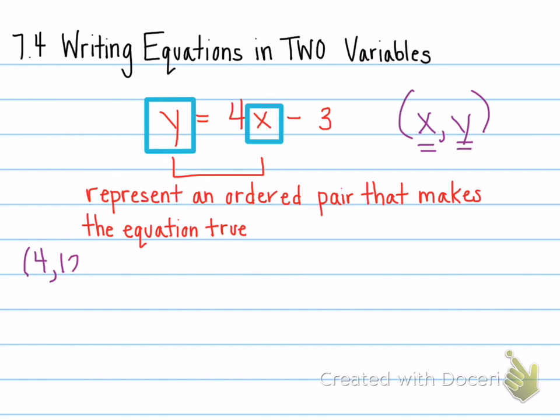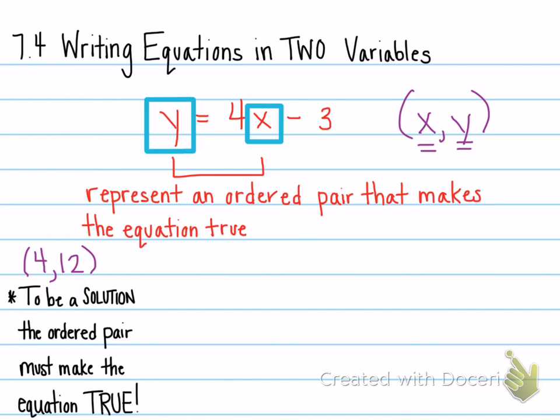And I want to know if 4, 12 is a solution to the given equation. Now, the only way for an ordered pair to be a solution is if the ordered pair makes the equation true. So I'm going to take that 4, 12 and plug it into the equation, knowing that 4 represents my x value and 12 represents my y value.